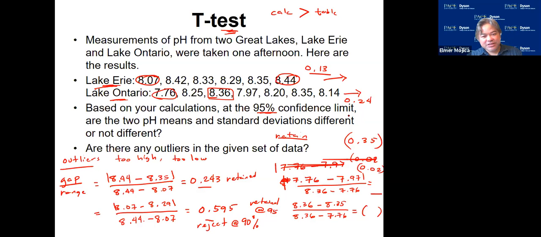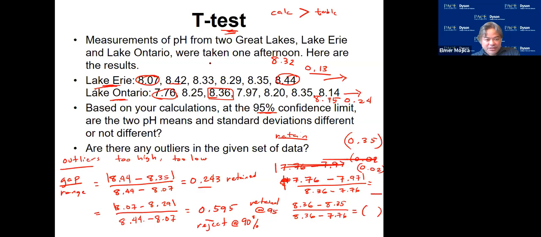Now, they are not significantly different because if you're going to look at the values that they have, they will overlap in one way or another. The highest value of this is much higher than this one, but you have some values that each of them has, like 8.35, 8.33. So that's within the values that you have here.